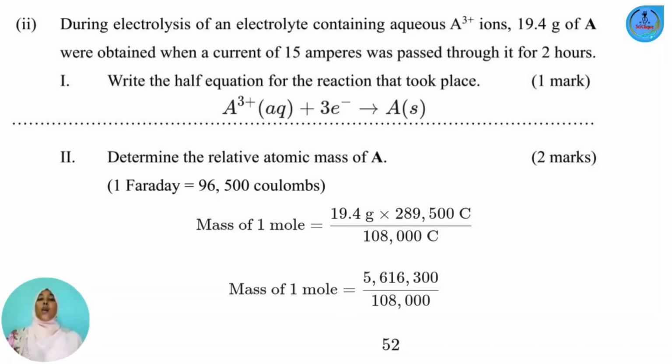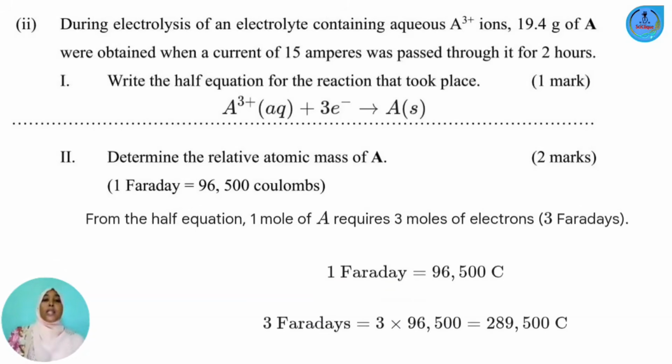Now, what about if we used a charge of 289,500? You might be thinking, where did 289,500 come from? Remember at the very beginning, we said based on our half equation, for us to get 1 mole of A, we need to use 3 moles of electrons. And a mole of electrons is equivalent to 1 Faraday, which is equivalent to 96,500. So 3 moles of electrons will have a charge of 289,500.